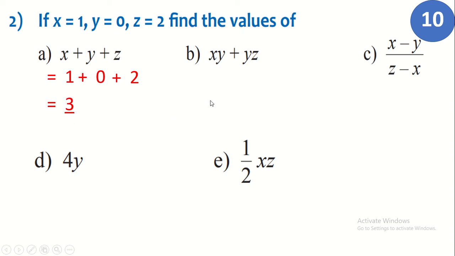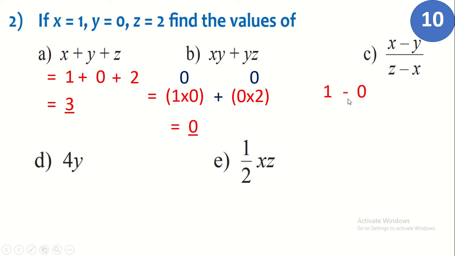Letter B is x times y plus y times z. You multiply first. 1 times 0, and 0 times 2, you have 0 plus 0. The answer is 0. And for letter C, you have 1 minus 0, and then 2 minus 1, you have 1 over 1. The answer is 1.